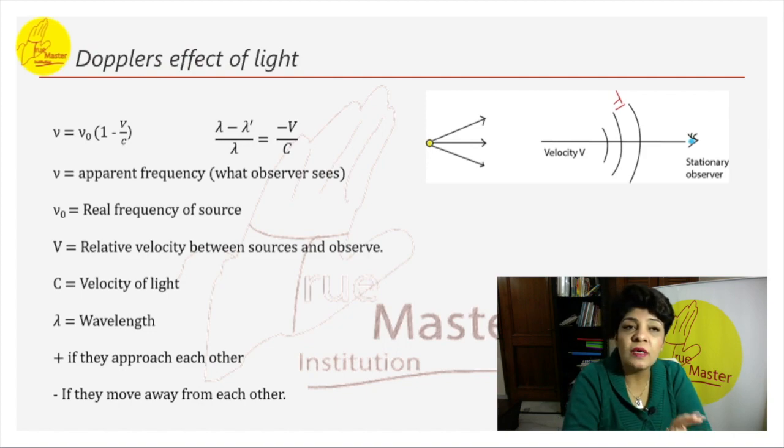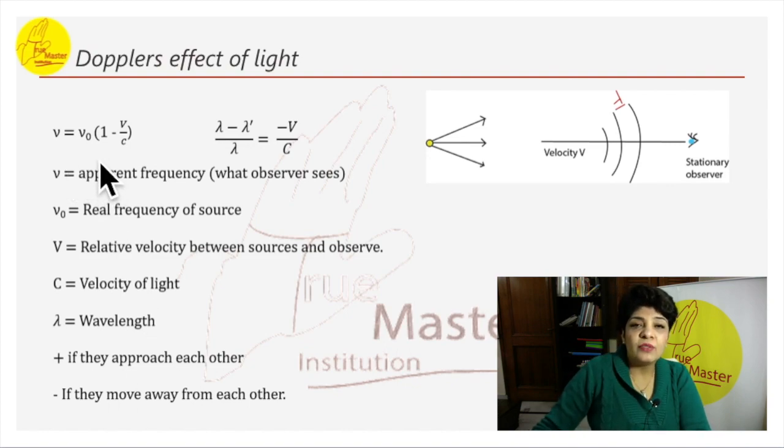What the frequency was when the source emitted it is different from what the observer gets. The phenomenon of the apparent change in frequency of light is called Doppler effect of light. In terms of light, here we have the formula that you can note down.